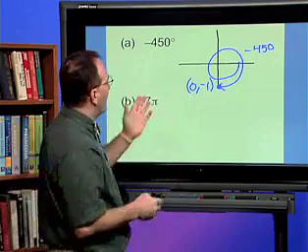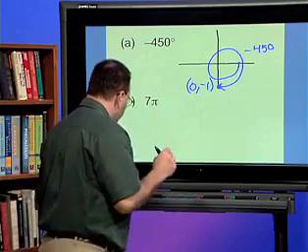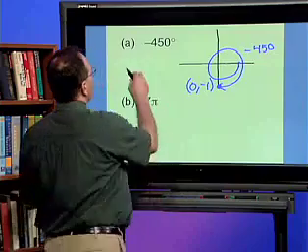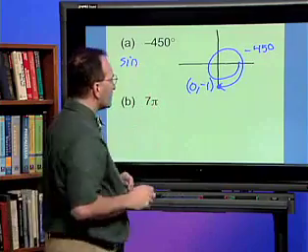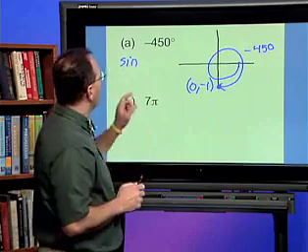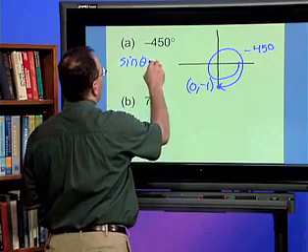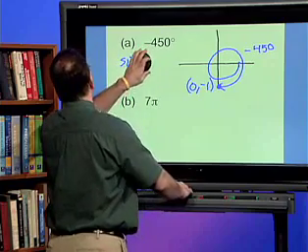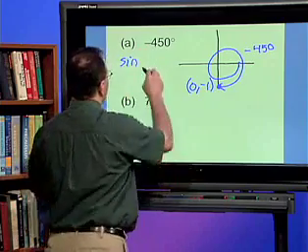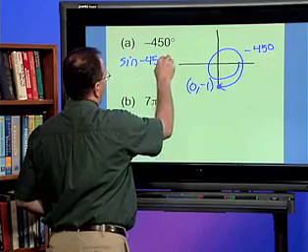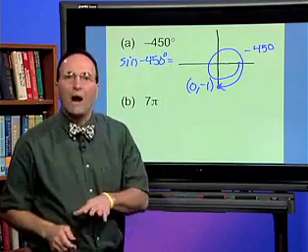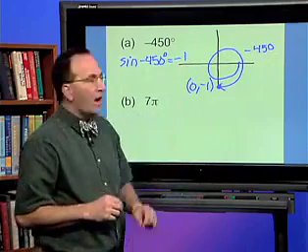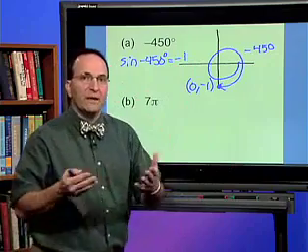Let's take a look. We were trying to find all three: sine, cosine, and tangent. The sine of negative 450 is going to be equal to the y value. And what is the y value here? Negative 1, over what would have been the r value.